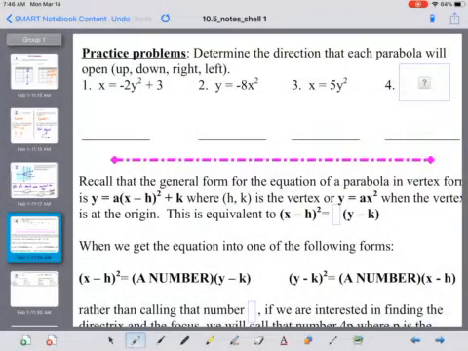So then looking at these 4 equations here, which one of them did not open up here, so I will write that one in. Looking at those 4 equations, take a quick second here and decide if they're going to open up, left, right, or down.